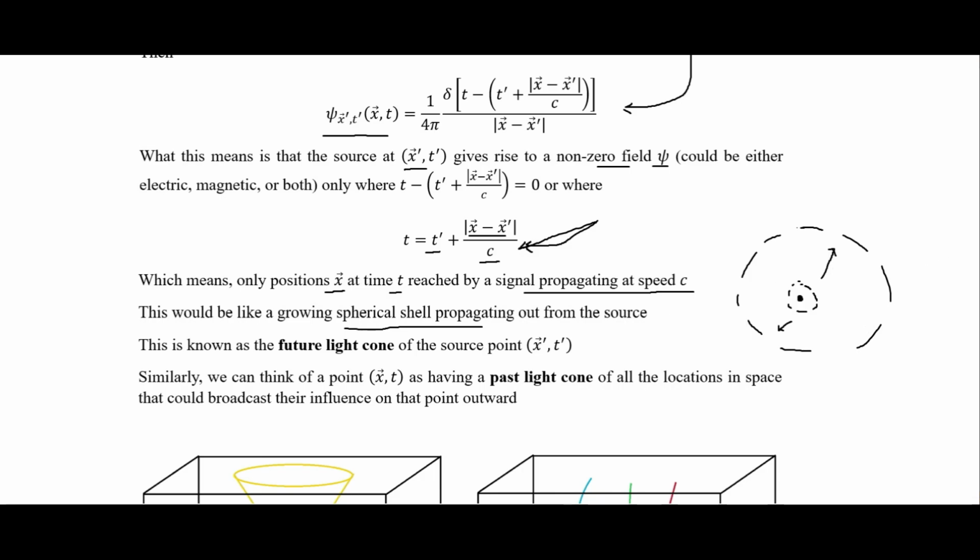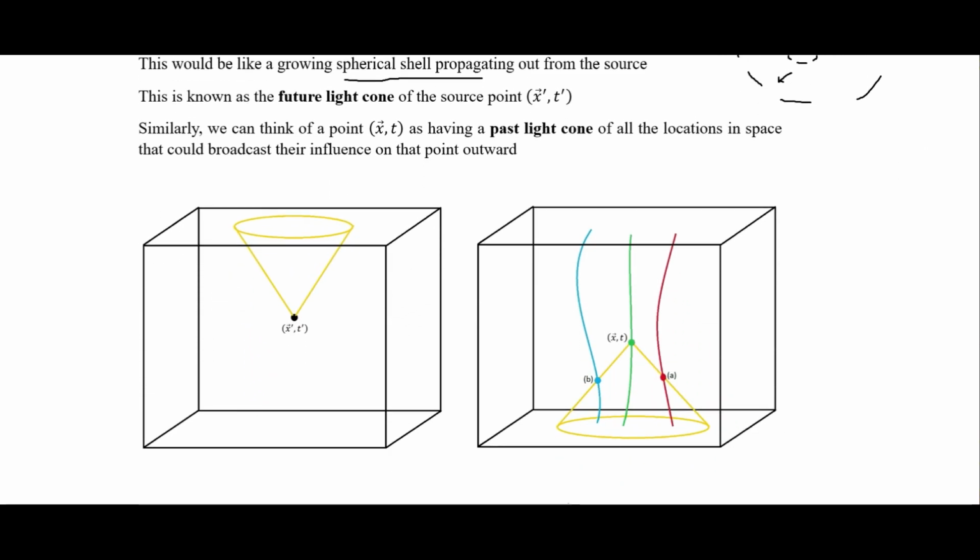If we remove one of the three dimensions and just look at 1 and 2 dimensions here, where this is a dimension of time pointing upward, then that would look like a circle propagating outward from this point here in space and time.